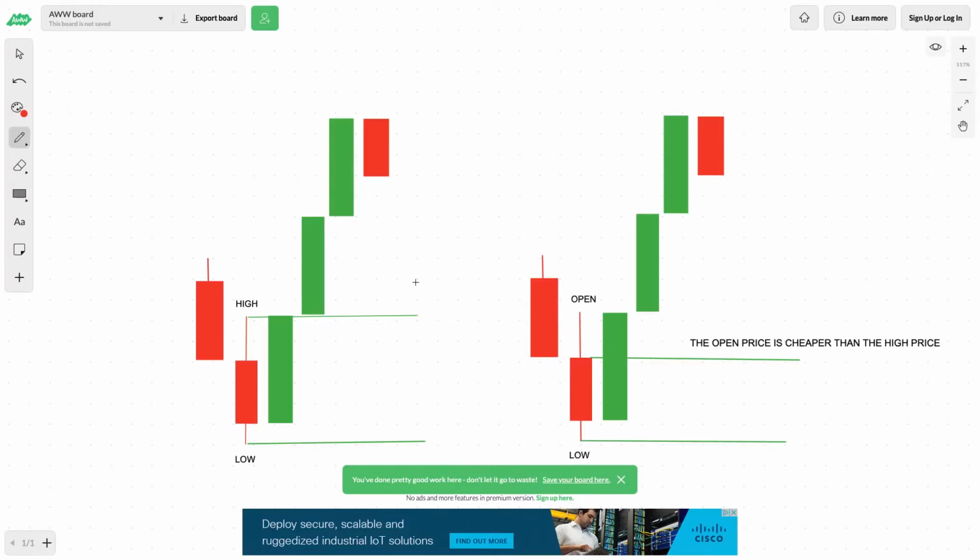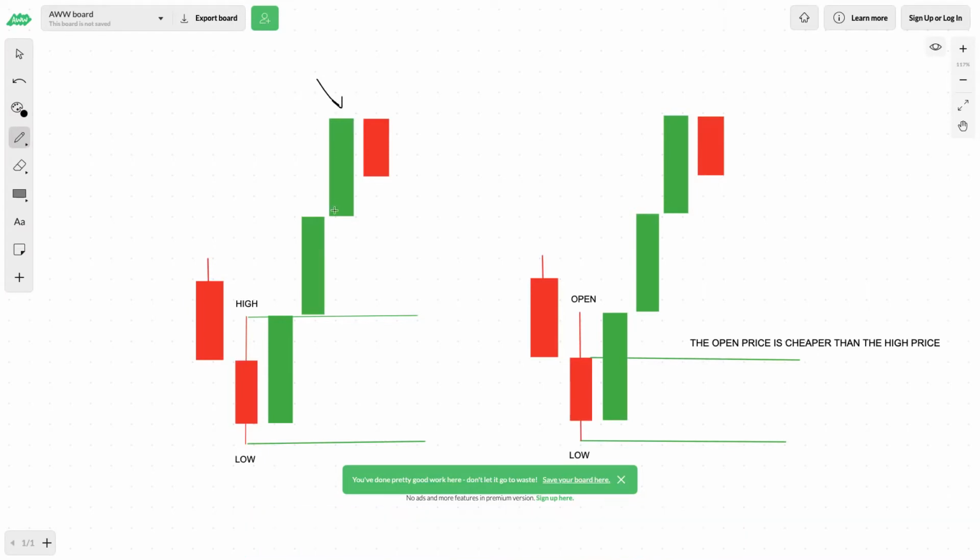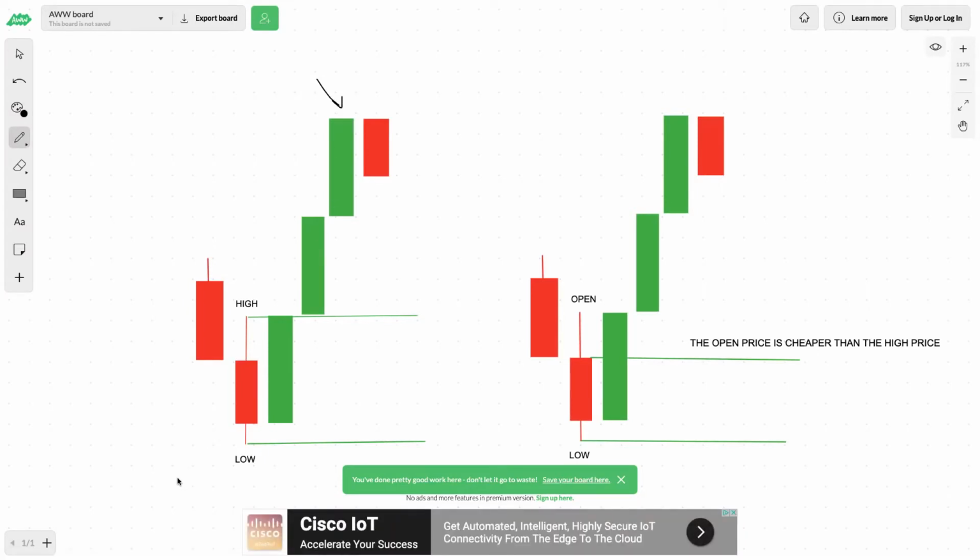When we're talking about cheapness, let's try to understand it in the overall range, from what would be considered this high to this low right here. This high would be considered an expensive area.